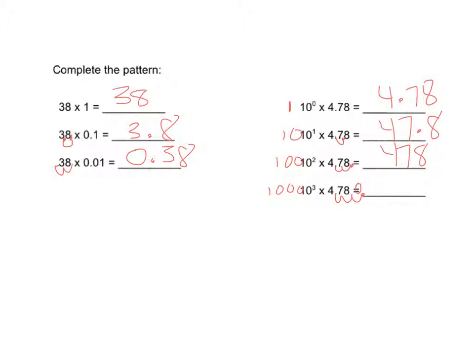Don't forget to put a 0 there to hold the place. So that becomes 4,780. Another little shortcut, maybe you notice this: 10 to the first power, I moved my decimal over one place. 10 to the second, moved it over twice. 10 to the third, I moved it over 3 times. So that can be another way to look at these patterns also.